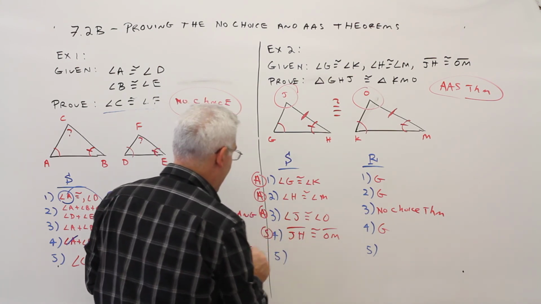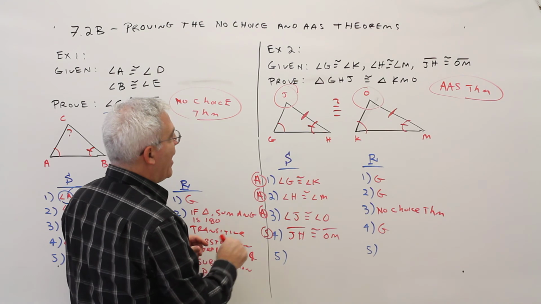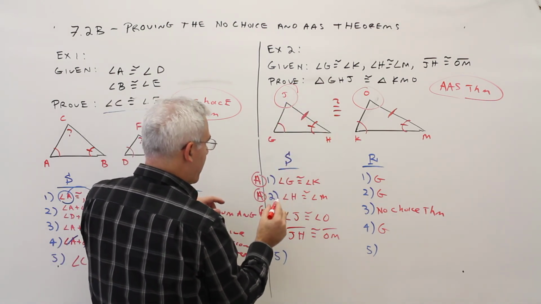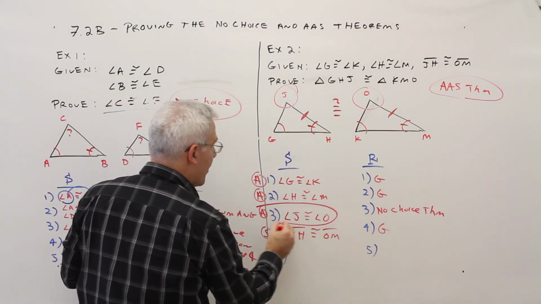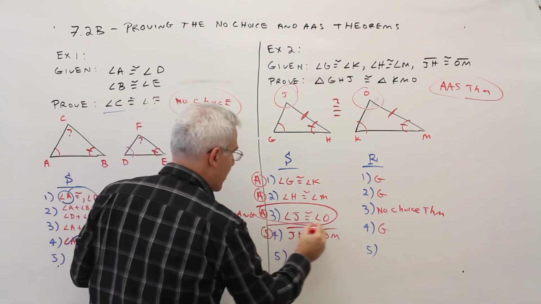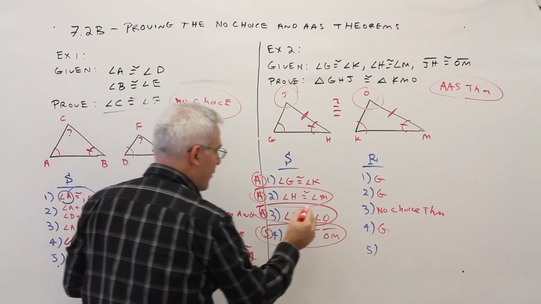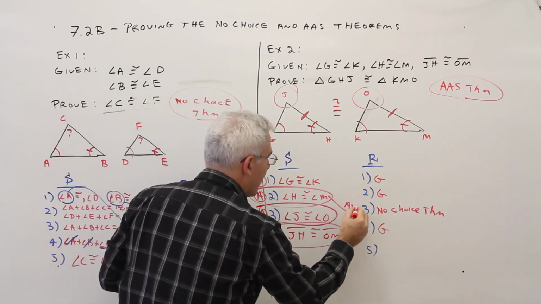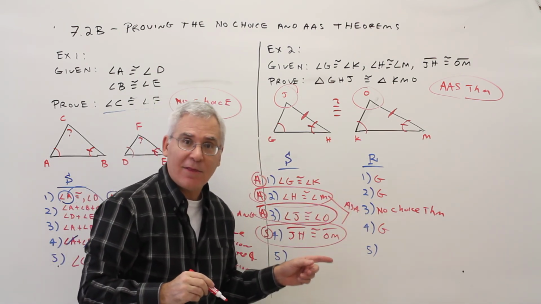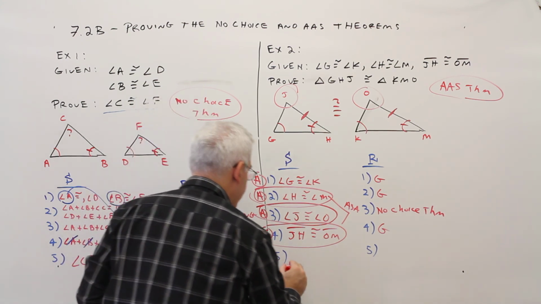Here I've got a side. But the three that really counted for angle side angle would really be that, that, and that. So just so you guys know, right there, that's ASA. So I'm going to get the triangles congruent by ASA.